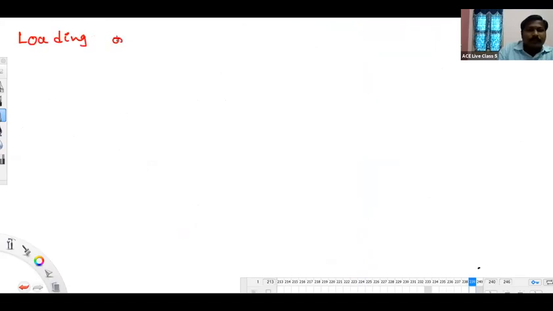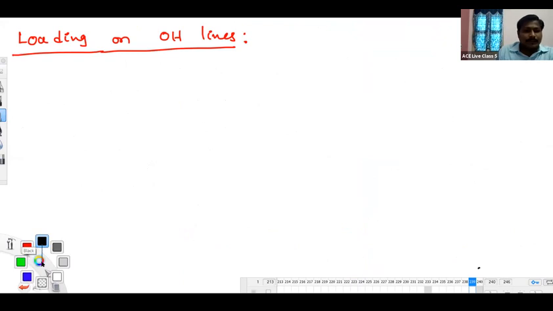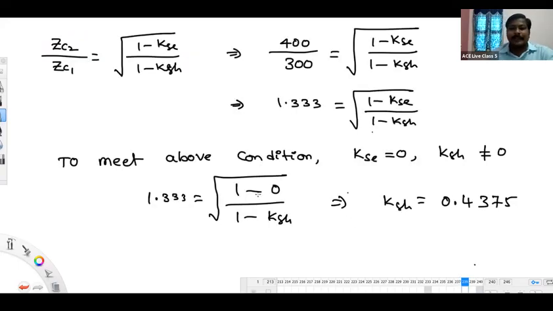Let's continue. How to get the KSH value means we have to calculate it from this equation, simple mathematical terms only.